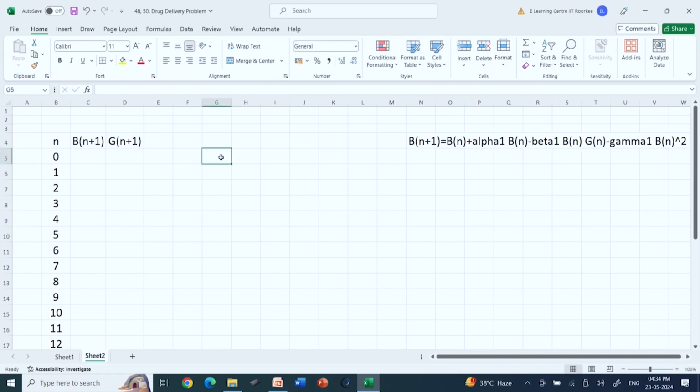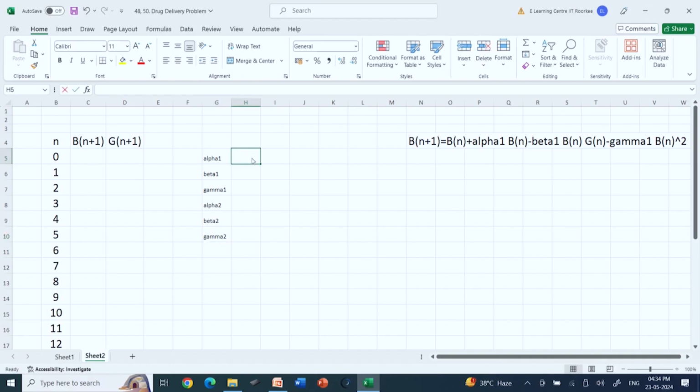Let us quickly write what is alpha 1, beta 1, gamma 1, alpha 2, beta 2, gamma 2.